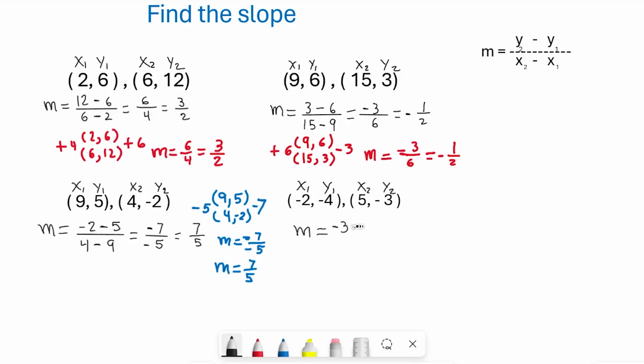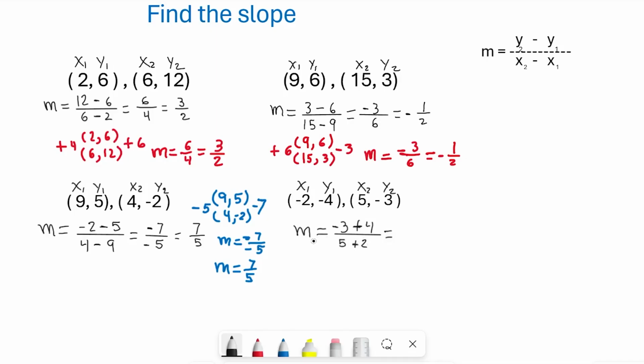Then the formula is minus, then y sub 1, but you multiply the signs. Negative times this negative turns into +4. And all of this is going to be divided by x sub 2, which is going to be 5, minus x sub 1. But one more time, you multiply the signs, negative times this negative turns into positive 2.